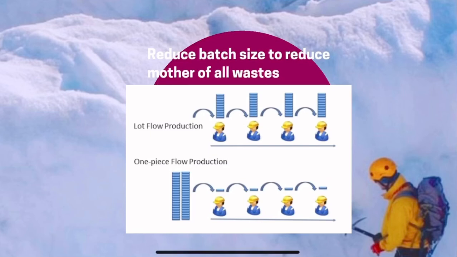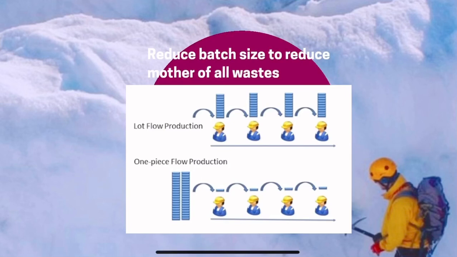You may save on the production cost, but in the long run you lose on the other 8 wastes of lean manufacturing. So you need to work out the batch size and reduce it as much as possible to kill the mother of all waste, that is overproduction.